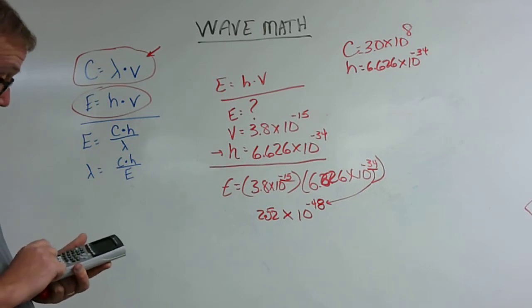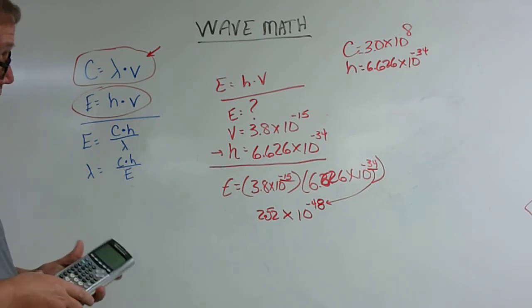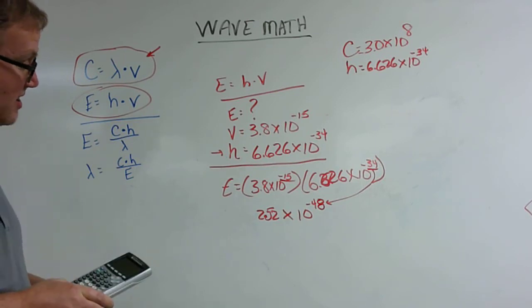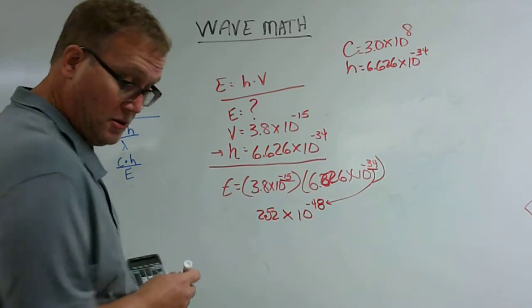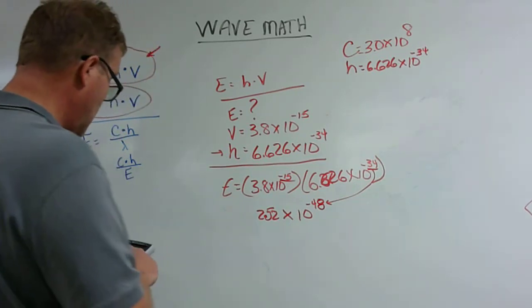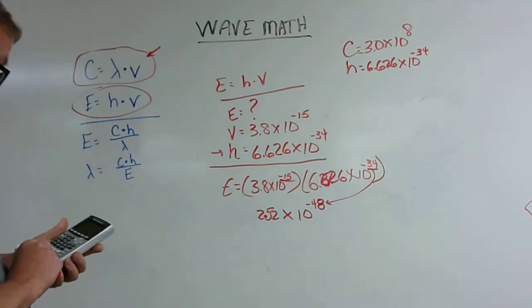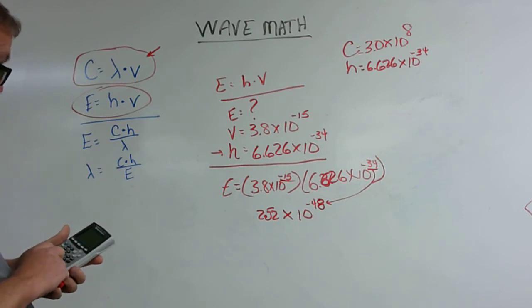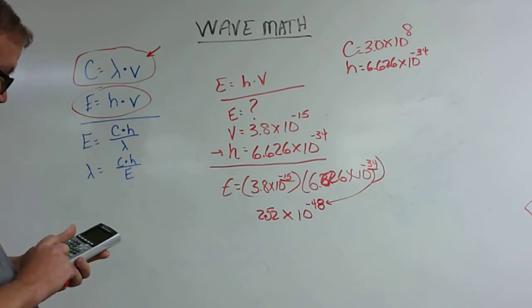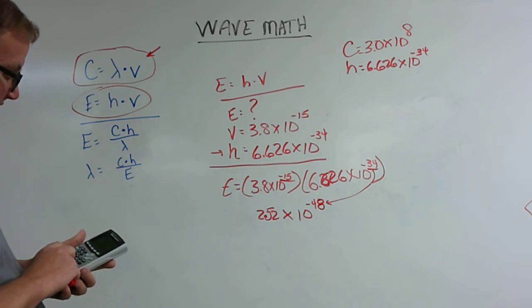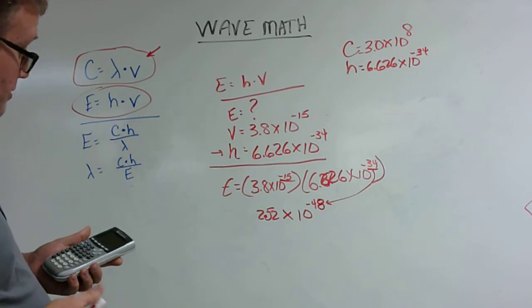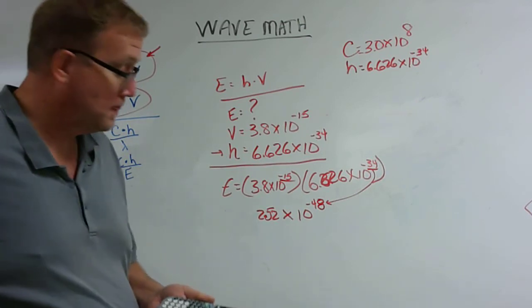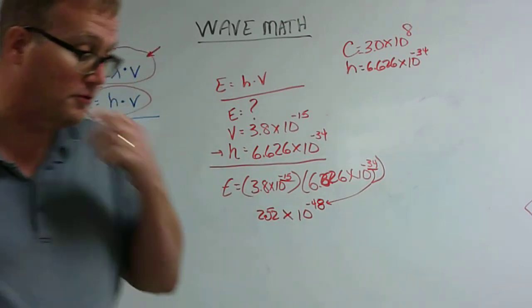I would recommend, if you're coming up with a weird looking answer, you may have to calculate it. And actually, I put in the wrong numbers. And it looks like this. That is the correct answer.